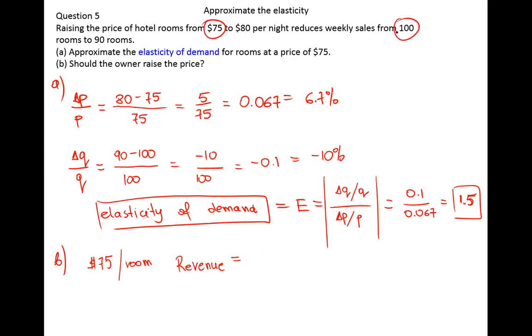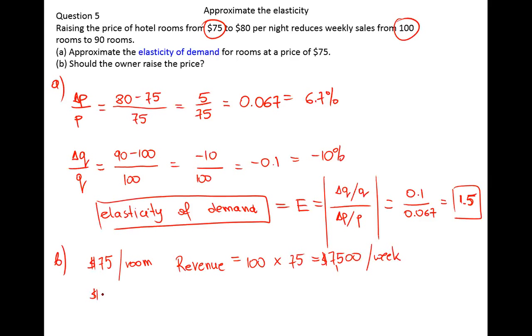What was the revenue of selling 100 rooms at $75 per week? Of course, 100 rooms times $75, right? 75 and 2 zeros, $7,500 per week. That means this is his revenue without changing anything.